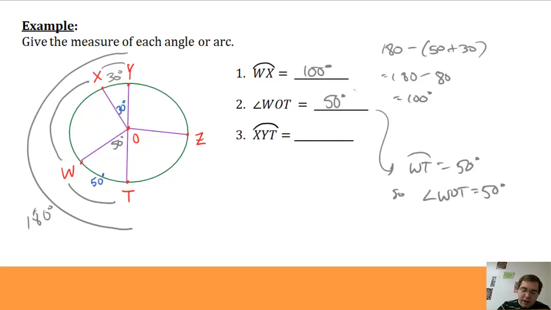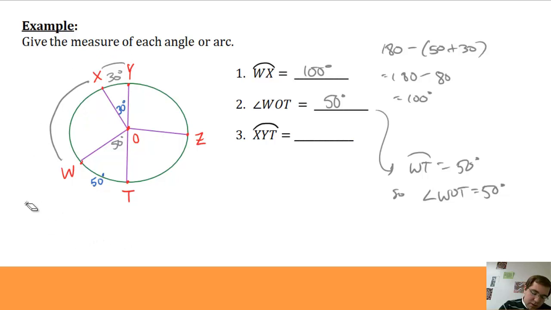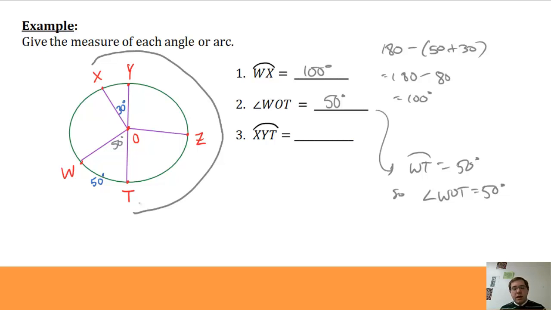And number 3, arc XYT. So XYT is that, which is more than half the circle. But I know exactly how much more, because arc XY is 30 degrees. So arc XYT, according to the arc addition postulate, is going to be arc XY plus arc YT.